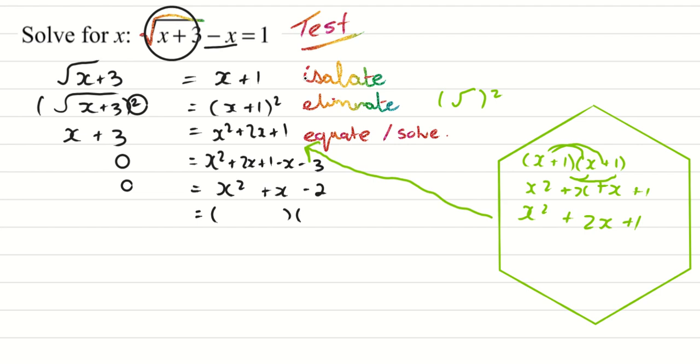So the factors of 2 that will produce positive 1 is x plus 2 and x minus 1, right? Almost there. So our two answers are when x is equal to minus 2 or when x is equal to 1. So that concludes the solving portion of the sum, but we still need to go ahead and test.